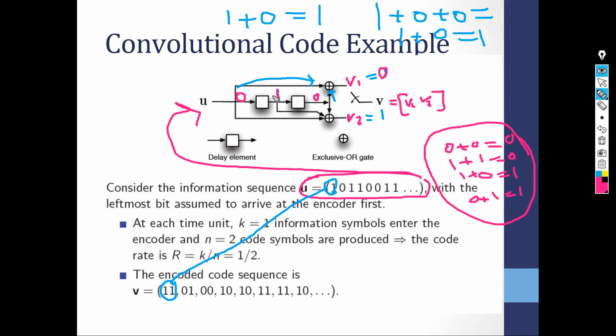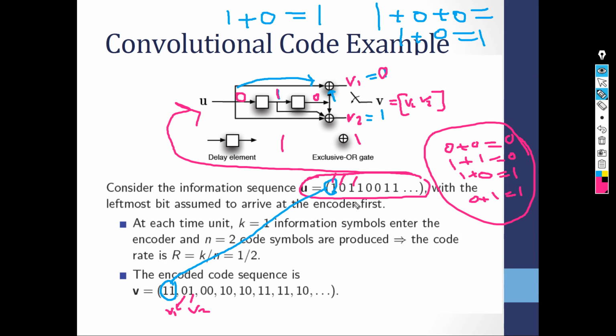You have 0 with 1 gives you 1, and 1 with 0 gives you 1. So V2 here is 1, and V1 is 0. So we finished the first bit 1, we finished 0.